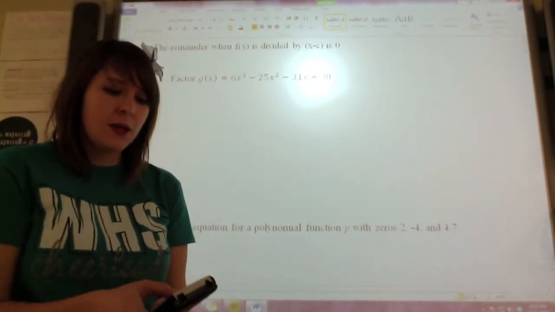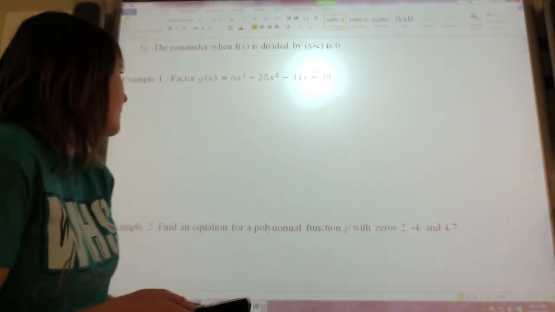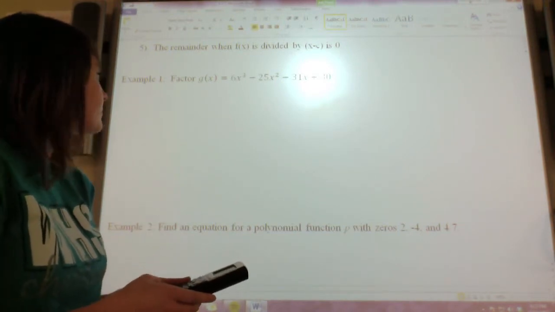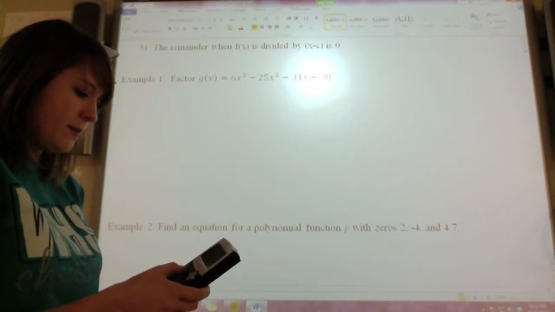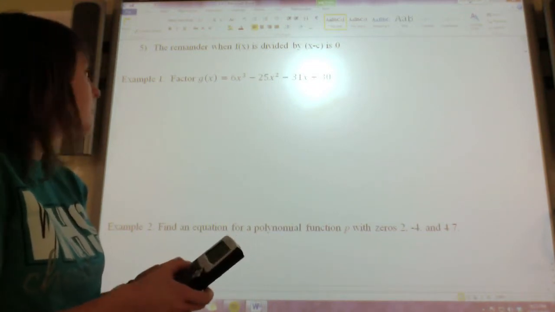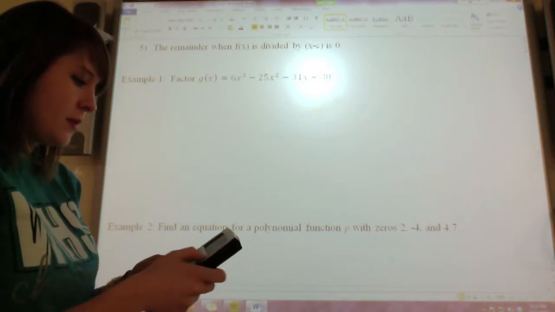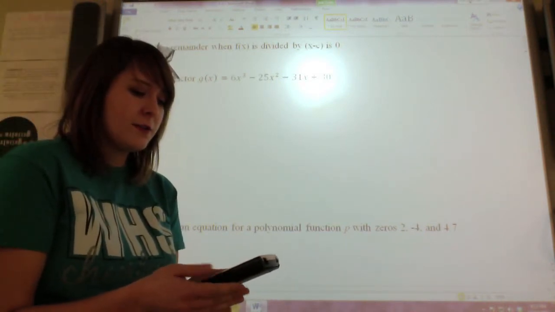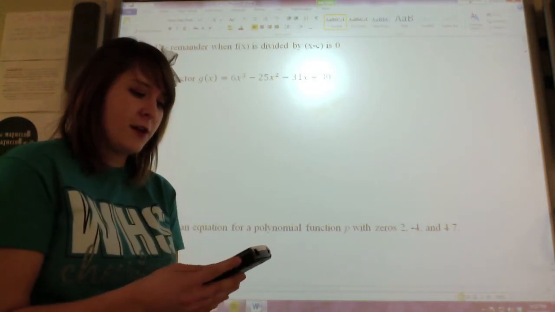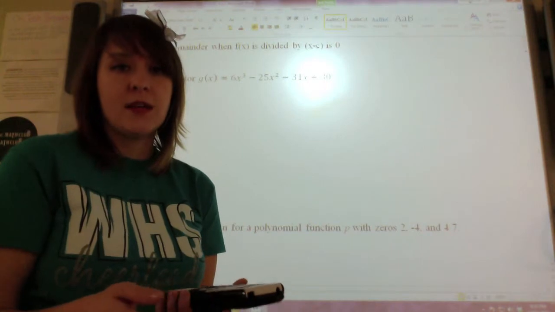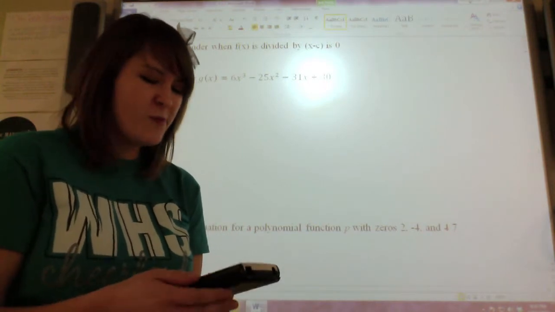So on my calculator, in my y equals, I'm going to type in this function 6x cubed minus 25x squared minus 31x plus 30. And I'm going to look at this graph and try to figure out if there's any hints that I can find. I just have mine on a regular negative 10 to 10, negative 10 to 10 window.